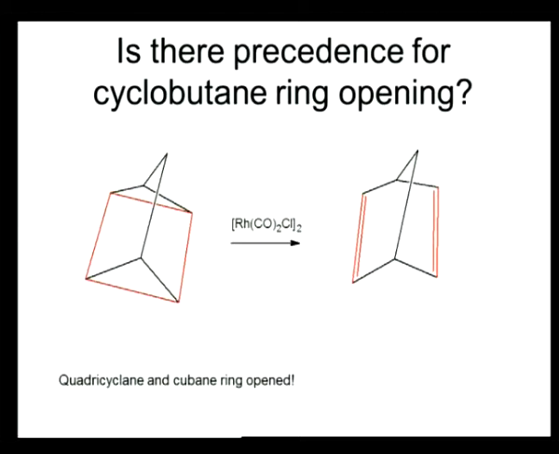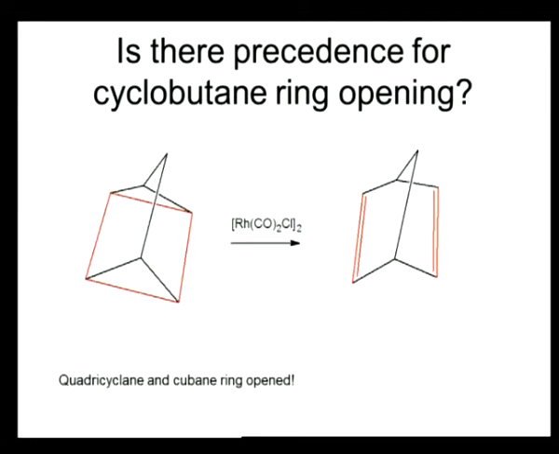Is there any precedence for such a cyclobutane ring opening and cyclobutane formation? That is a question that we have to answer next. This is a reaction which was known in the literature: quadricyclane ring opened in the presence of a rhodium(I) complex, and it resulted in the formation of norbornadiene.